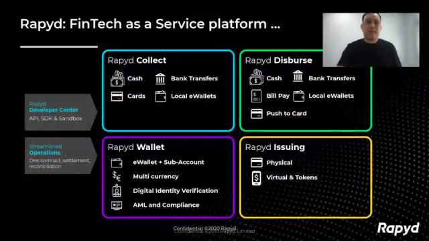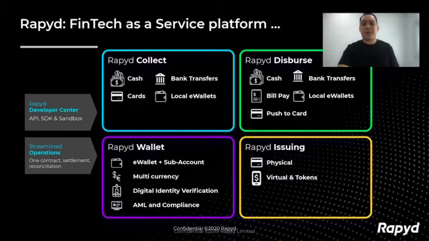Okay. And just to drill down a little bit deeper into the platform, we have 4 pillars like mentioned earlier. Rapyd Collect allows you to accept local payments, be it cash, card, or bank transfers, and the integration looks the same to you. For Rapyd Disburse, you can now send money anywhere in the world, not only to bank accounts, but also to local e-wallets, cards or cash.